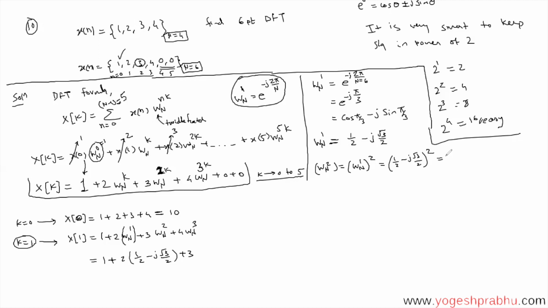Let's square this. 1/4, the square of 1/2, minus 2 times half j square root of 3 by 2. I'm just expanding this a minus b the whole square. And then the last one is going to be the square of this. Minus, the j square will become minus 3 by 4.